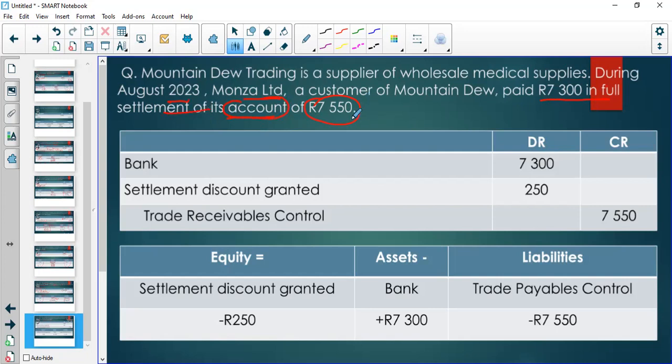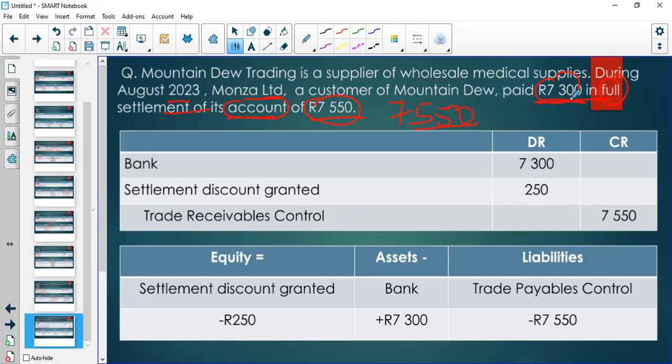So maybe the total amount that they owed us is 7550, right? But they only paid 7,300, and that is in full settlement, to say we agreed to that. All right, to say, okay, you can pay 7,300.